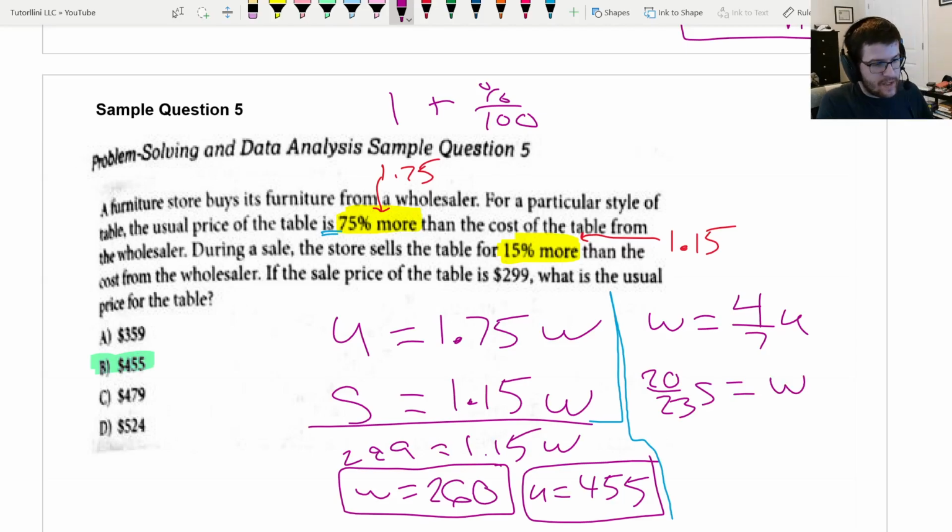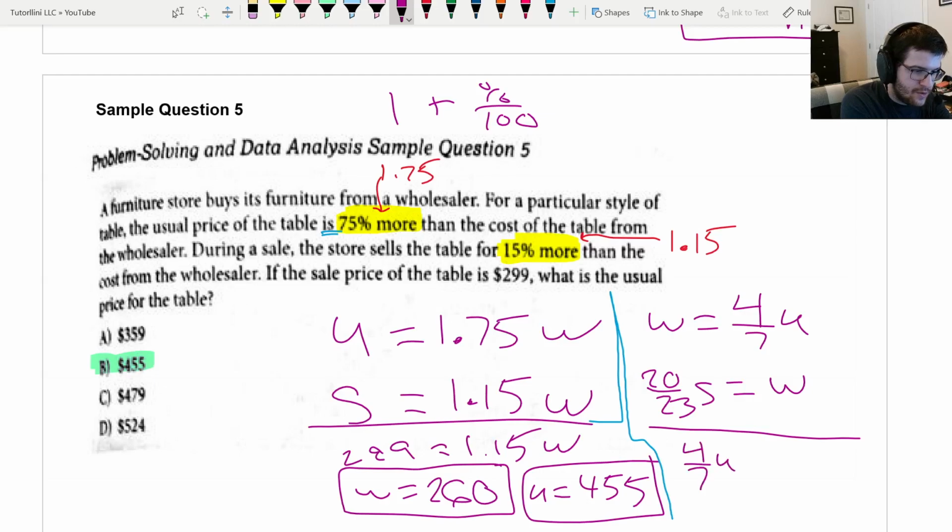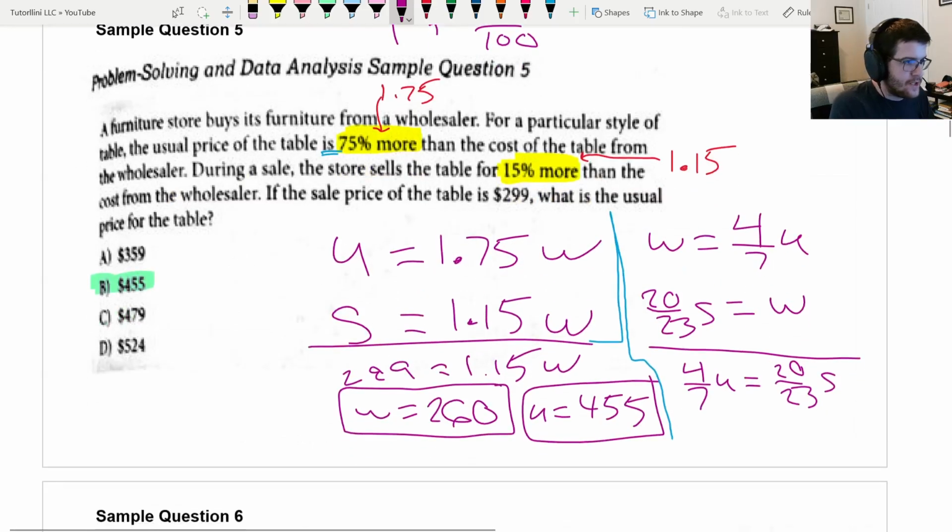And see, now they both have W by themselves, so I can set them equal. So I can write 4/7 U equals 20 over 23 S. And now I'm going to divide both sides by 4/7. And I get another really messy fraction. You can tell this problem wasn't really designed for this. 35 over 23.